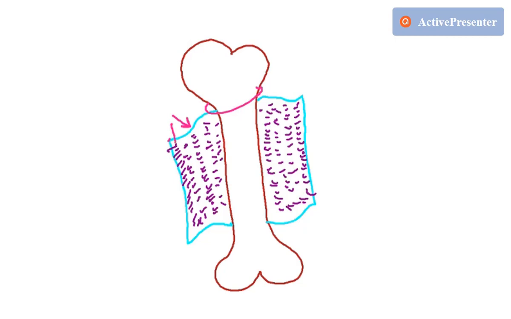And here's the Sharpey's fibers, those purple things, that's the Velcro that Velcros it to the surface of the bone. And let's do like an x-ray, take an x-ray look inside of this bone.